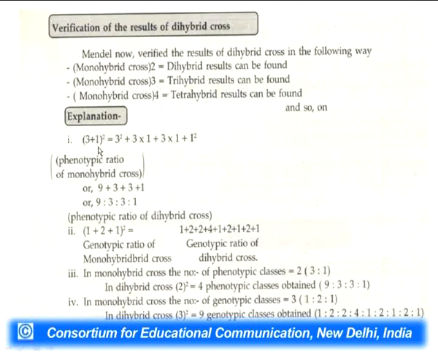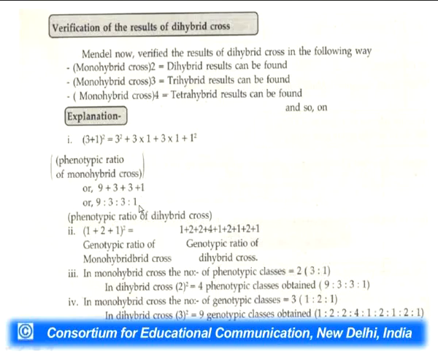So, the explanation is simple. The 3 is to 1 phenotypic ratio in the F2, which is the dictum for the law of segregation, can be put into squares. Now, how do we calculate the square of a ratio? We cannot. So for that we change our maths and make it 3 plus 1 whole square, which gives us 9 is to 3 is to 3 is to 1.